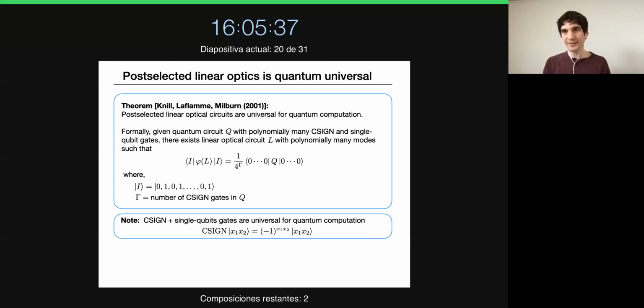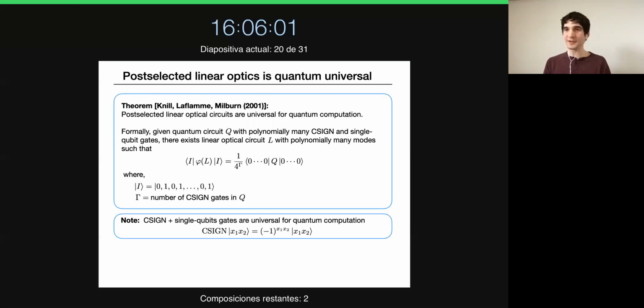In case you haven't seen the CSIGN gate before, it's just a simple quantum gate that applies a phase if both of the inputs are 1. And it's known that this CSIGN gate is universal. So if you have CSIGN and as many single-qubit gates as you want, you can do anything in quantum computation that you'd like. So we haven't really restricted the gate set at all. We're just looking at this particular gate set.